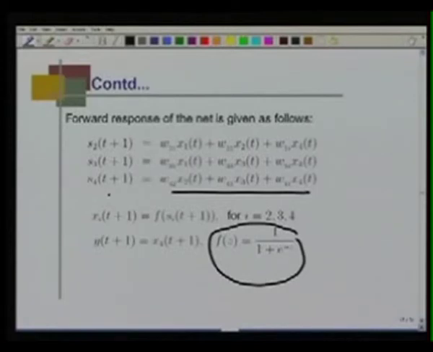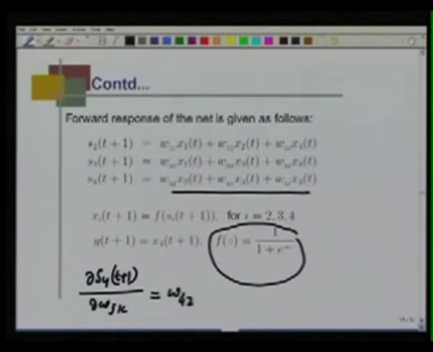I differentiate del S4 at t plus 1 by del w_jk. This is a constant term w42, and this is x2 at t, which you differentiate with respect to w_jk. By definition, this is p2_jk at t.